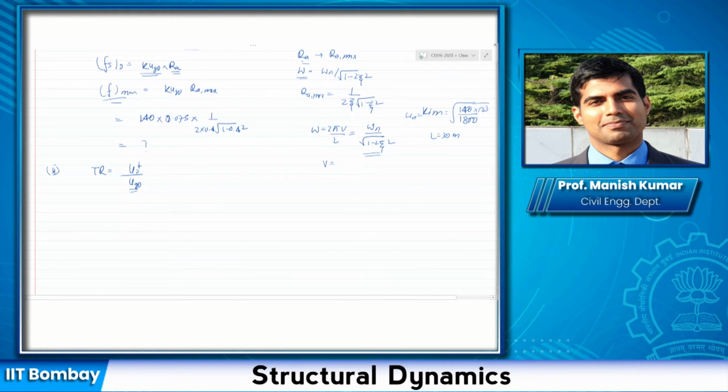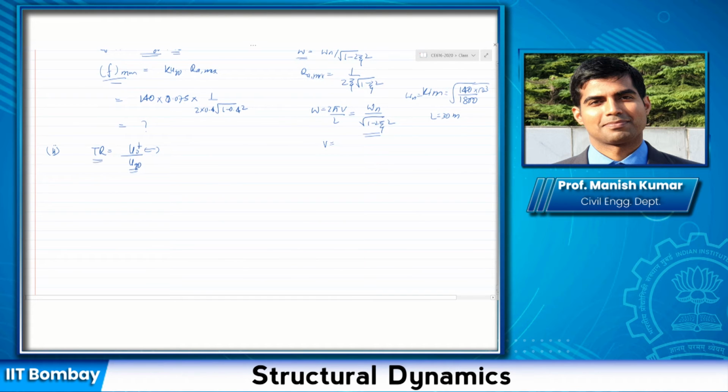So ug naught is constant. To maximize ut0 with respect to the applied frequency, I need to maximize this function TR. This is nothing but the square root of 1 plus 2 zeta omega by omega n, square, and again the same expression here.